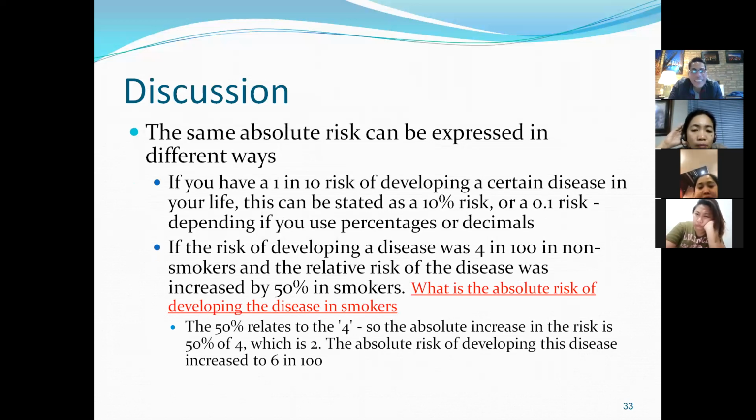So this is very confusing to the public, and I will tell you, absolute risk is not one of the most reported epidemiological statistics, because very few people can really grasp the concept of absolute risk. Plus they have to plug in that specified amount of time.